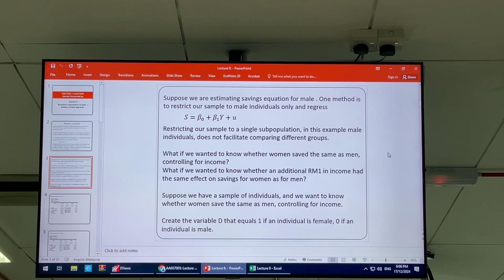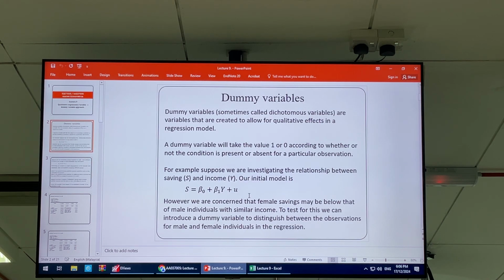Just now I mentioned that one way is to make the assumption that both male and female behave the same.